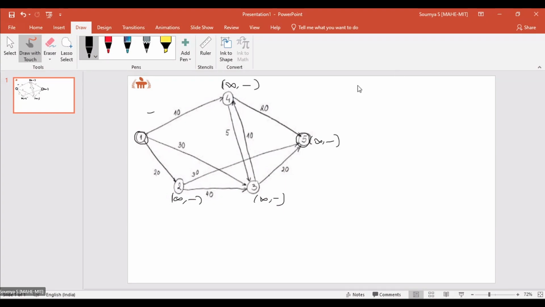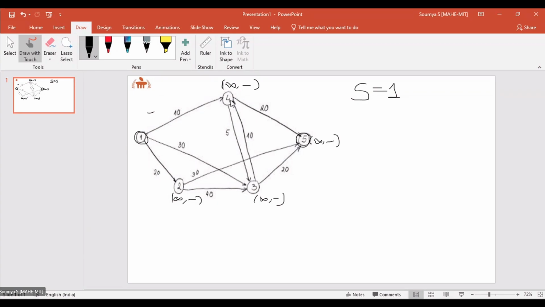Okay, now I decide that the source is node number 1. So I start to find out who my neighbors are and what the distance to my neighbors is. Who are my neighbors? 4 is my neighbor, 2 is my neighbor and 3 is my neighbor, right?